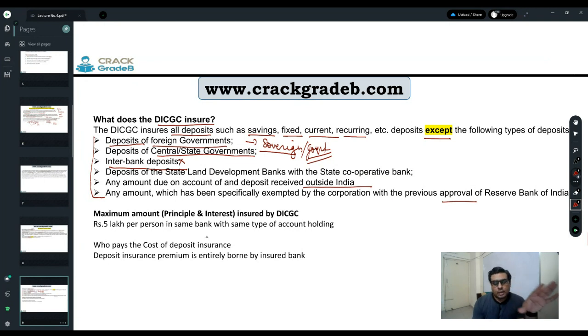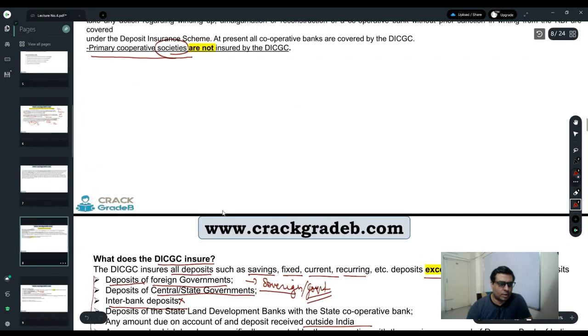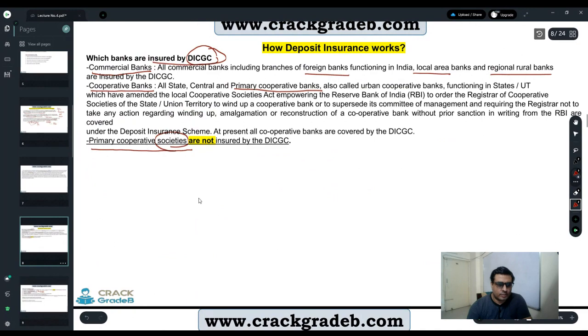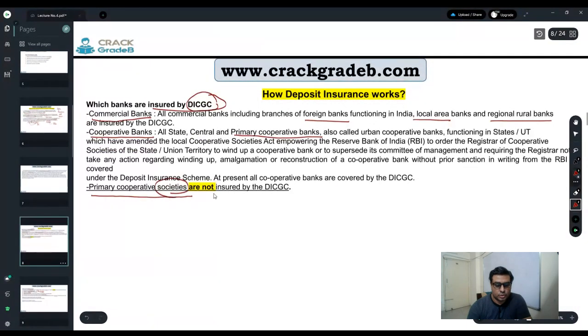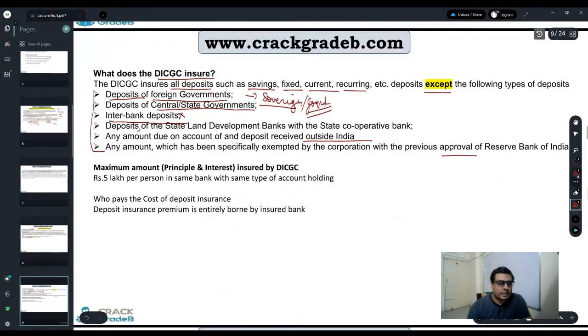If there is any confusion in the exam, you can apply this analogy to eliminate the option. And as an exception, as I told you, the primary cooperative societies are not insured by the DICGC, and these are the things not covered under the DICGC, right?